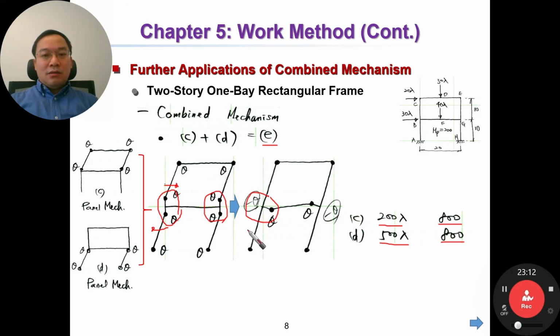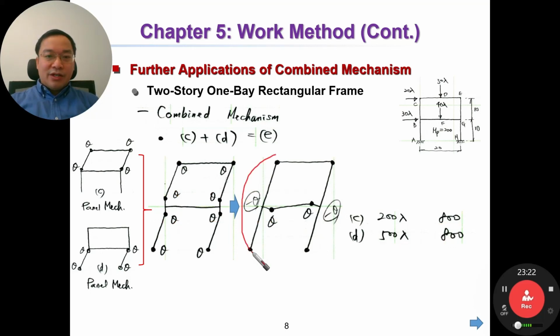Then the combined mechanism E now becomes this mechanism. Okay, this mechanism. So here is the real mechanism of E. Combined mechanism E, it is real.